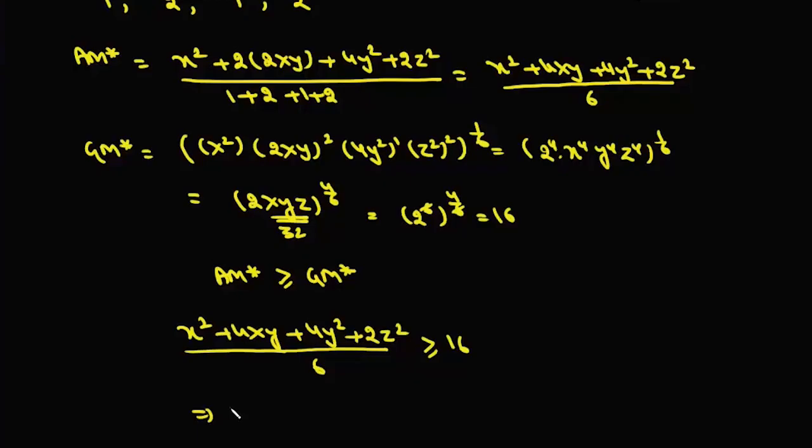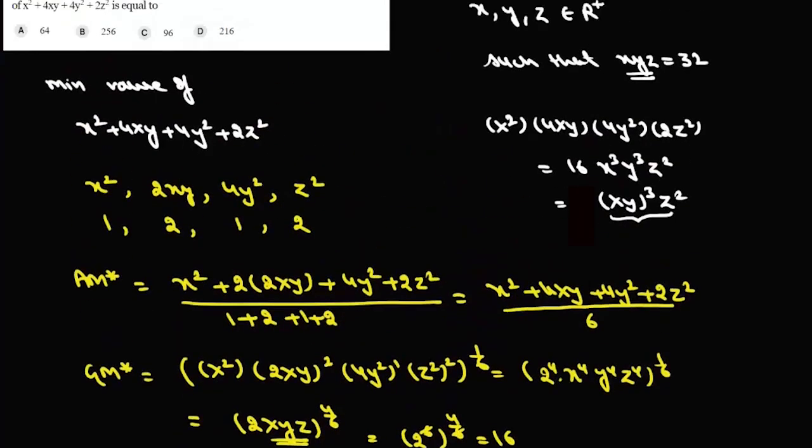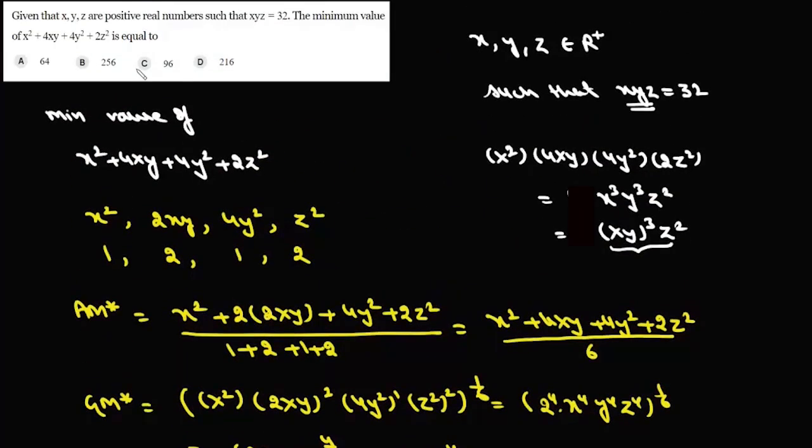So from here x square plus 4xy plus 4y square plus 2z square is greater than or equal to 16 into 6, which is 96. So the minimum value of this expression is 96. That means the correct option is option C.